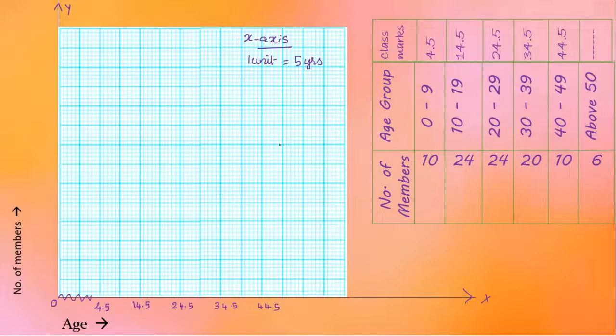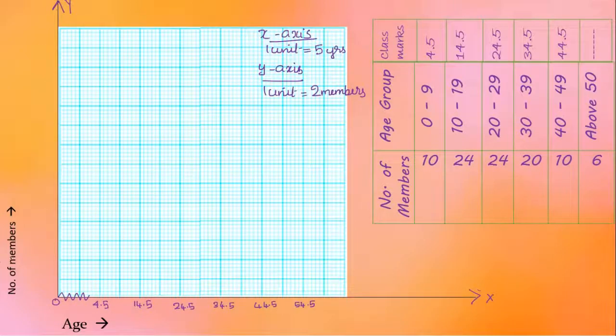Now, what about the y-axis? It is the number of members. Here it ranges from 6 to 24. So, let's consider on the y-axis 1 unit equal to 2 members. Let's mark the y-axis: 2, 4, 6, 8, 10, 12, 14, 16, 18, 20, 22, 24 and 26.